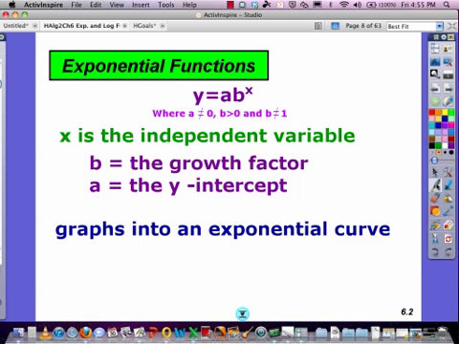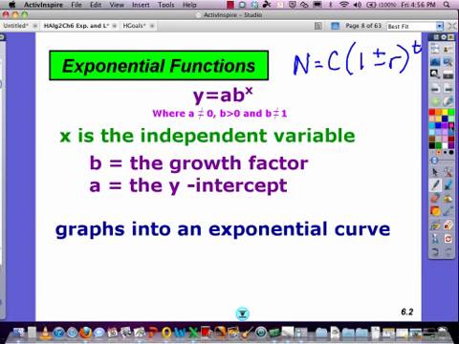We had n equals c times 1 plus or minus, depending on if it's growth or decay, r to the power of t. Now if you look at that equation, it sort of mirrors what we have right here. I'm just going to write it in its form.